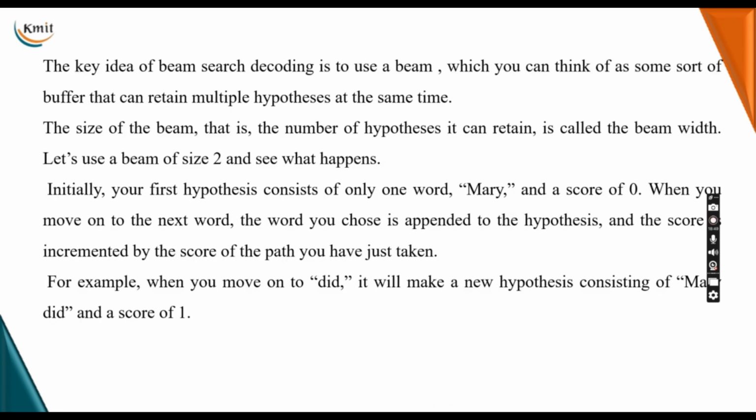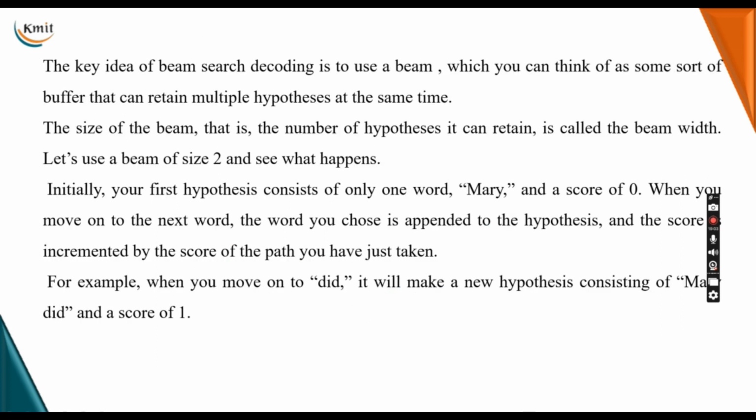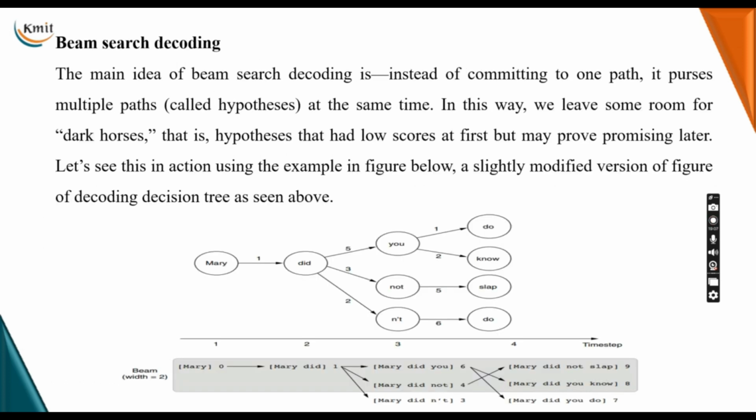Now when you take this beam of size 2, for example, when you move on to did here, Mary did, from the first word to the second word in the timestamp, it will make a new hypothesis consisting of Mary did with a score of 1, which will have 3 different sentences being generated. So what are the 3 different sentences?